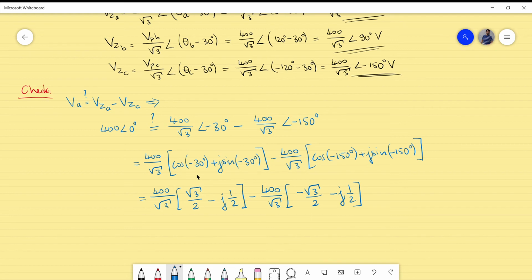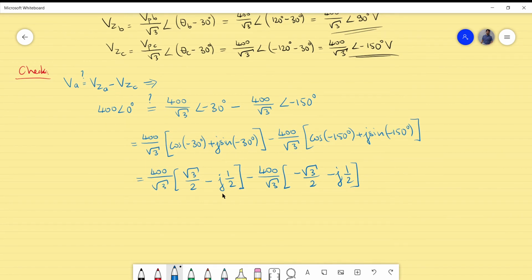If I now combine the real parts and imaginary parts, what do I see here? I see here square root of 3 divided by 2, and I see here plus and minus, minus and a minus will be a plus. So again, the same expression, so I will have an additional square root of 3 divided by 2, so I will have in total a real part of square root of 3.